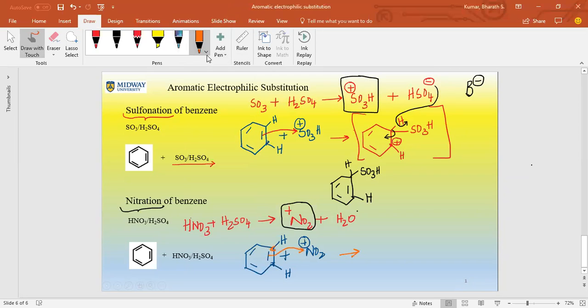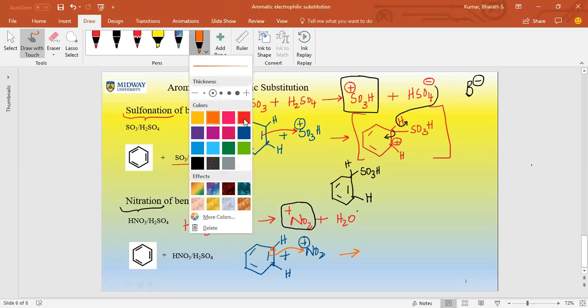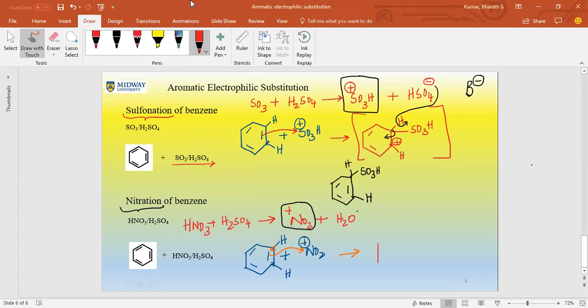Let's get our red color back. So the hydrogen stays there. This bond makes the connection between this carbon and the NO2. This hydrogen stays where it is. You have the positive charge here.